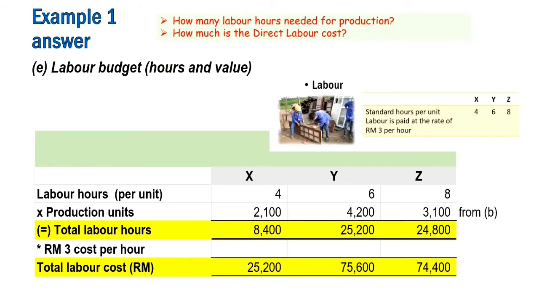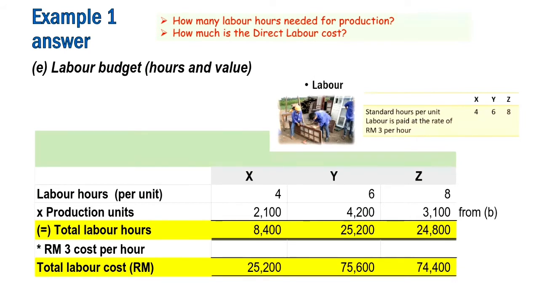So how much is the total labor hours? The units you have to times with the hours. You get 8,400 hours to produce total product X, 25,200 hours to produce total product Y, and 24,800 hours to produce total product Z. And since the labor hour is charged at RM 3 per hour, the labor hours here we have to times with 3 ringgit.